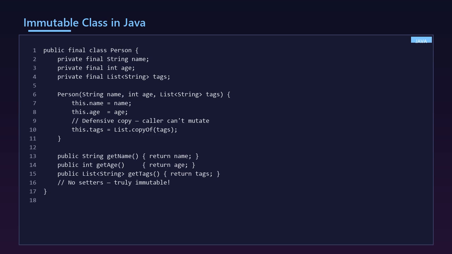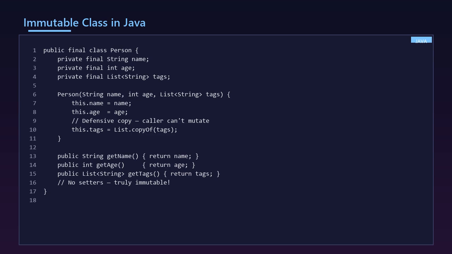Here's how you build an immutable class. Step 1. Make the class final, so nobody can extend and break it. Step 2. All fields are private and final. Step 3. No setters. Ever. Step 4. And this is the tricky one, defensive copies. Look at the tags field.